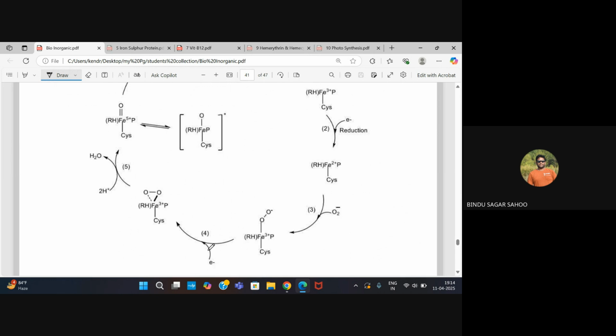Further, if you add another electron, this O2 minus will get converted to O2 2 minus. So when there is O2 2 minus, they can form a peroxide linkage with the metal complex. This oxygen can coordinate to this metal center, and this oxygen can also coordinate to this metal center. Fine.